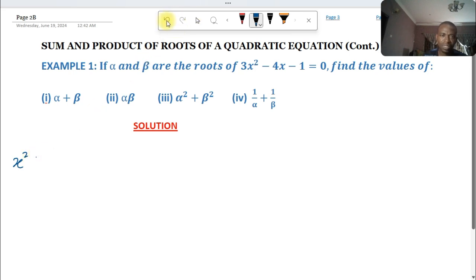Now how do I write this in such a way that it will reflect both the sum and the product? That is all we are about to do.